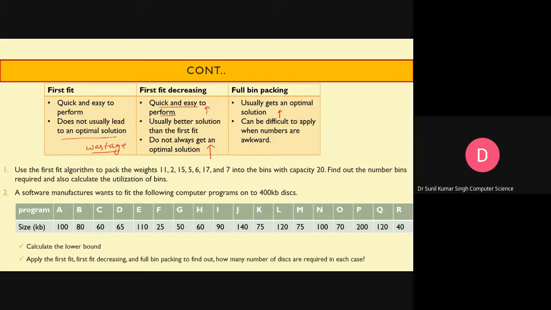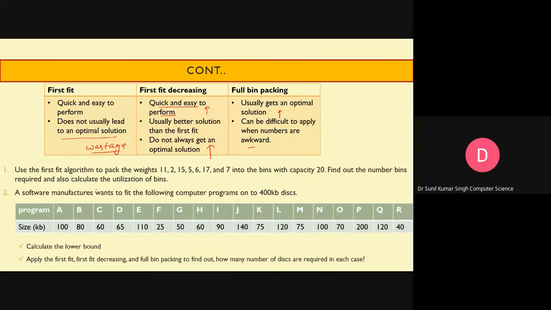It can be difficult to apply when numbers are awkward. So this is the comparative analysis of these three algorithms: first fit, first fit decreasing, and full bin packing.